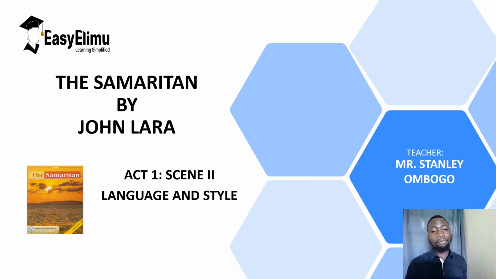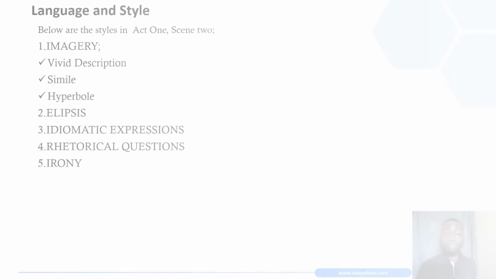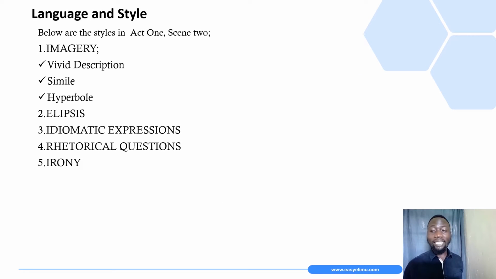I'm just going to start by mentioning some of the language and styles that have been used, before looking at each by looking at supportive sentences or illustrations from the play, and also providing more relevant details about them.